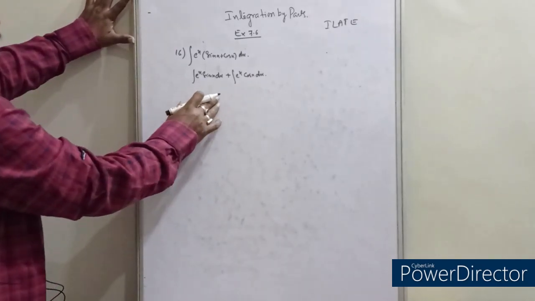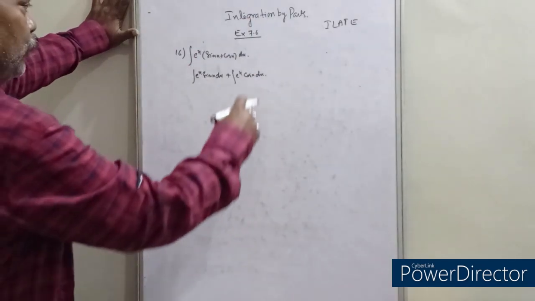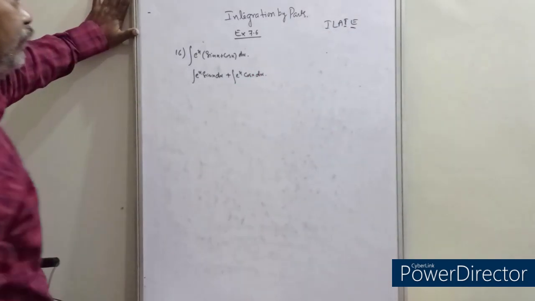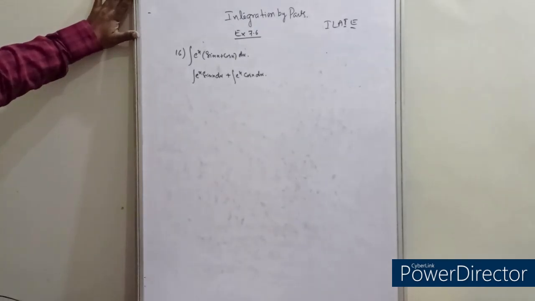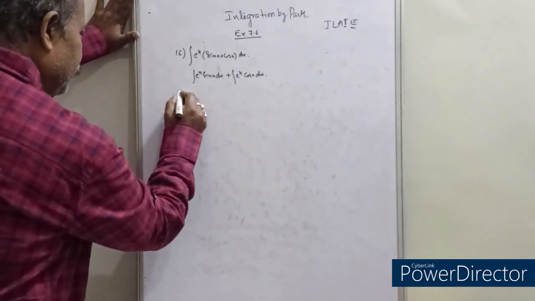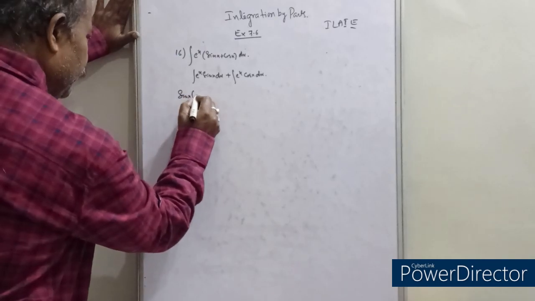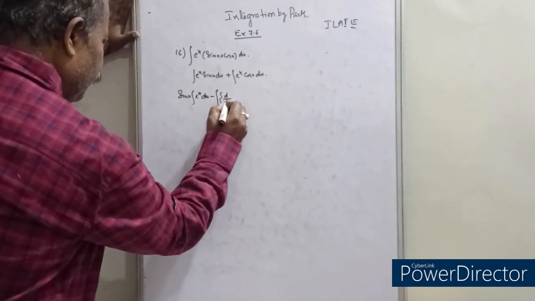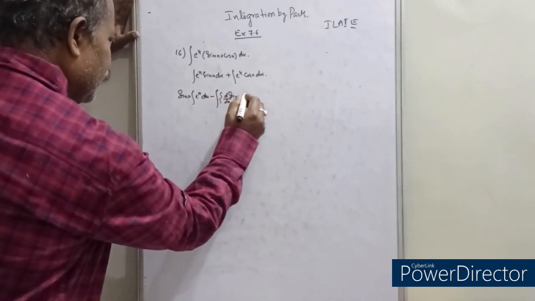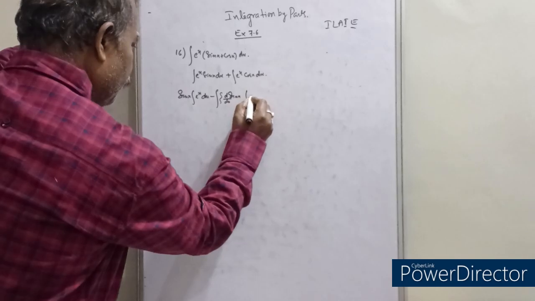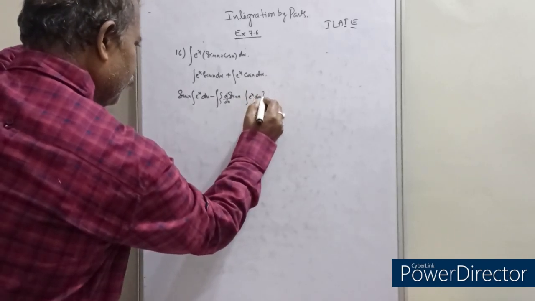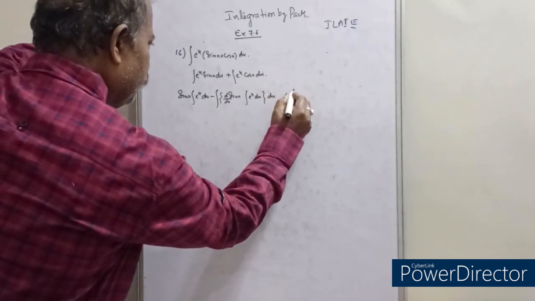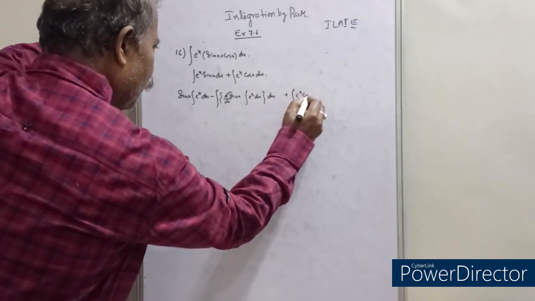So I am going to keep this one as it is. I am going to integrate this with the help of parts. So exponential and trigonometry: since trigonometry comes before exponential, trigonometry will be considered the first function. So this will be sin x times the integration of e to the power of x dx, minus the differentiation of sin x, again the integration of e to the power of x dx, and dx, and this will remain as it is, e to the power of x cos x dx.